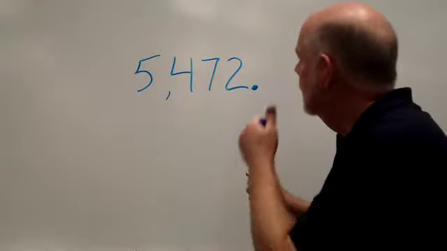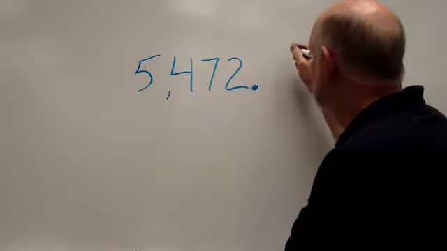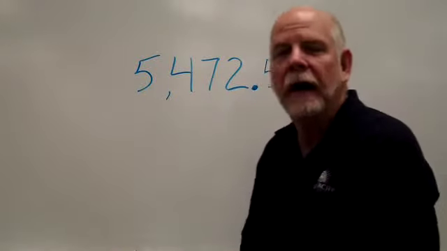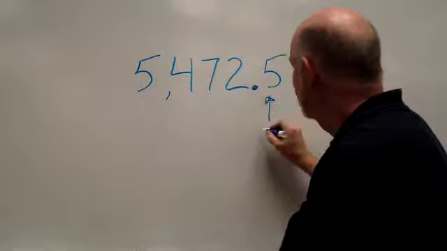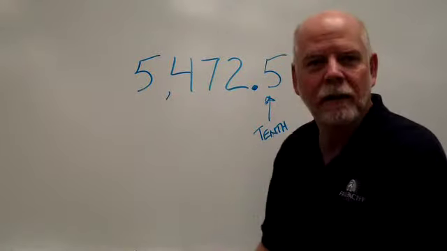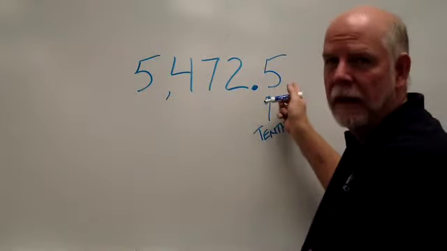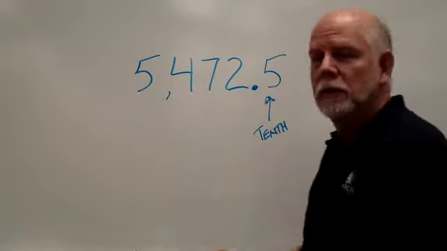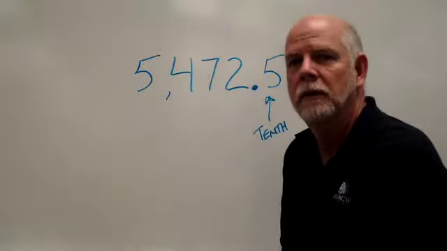Okay? And so let's say that he estimates that to be half of the antelope is left. And so there's a 5 there, because this place right here is the tenths, 1/10 of a whole, and if he is considering half of that animal to still be there, then that would be 5 out of 10, which is 1/2 of those things, and so that would be 1/2 of that animal.